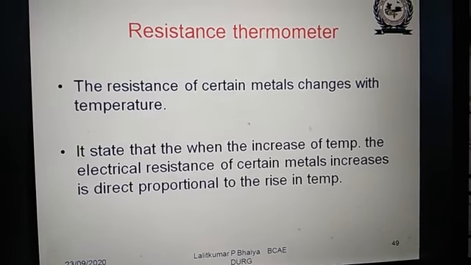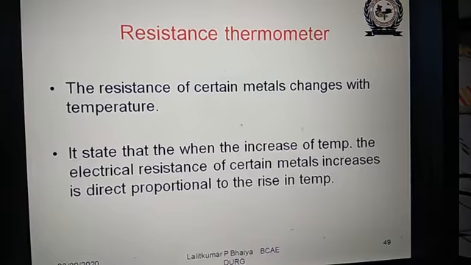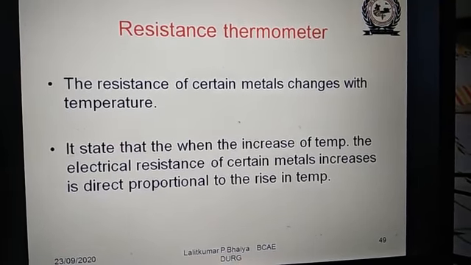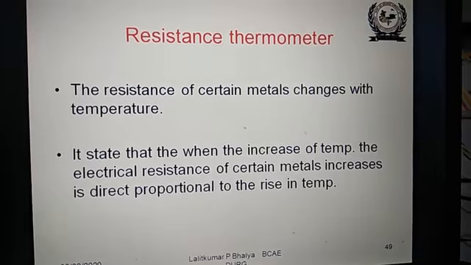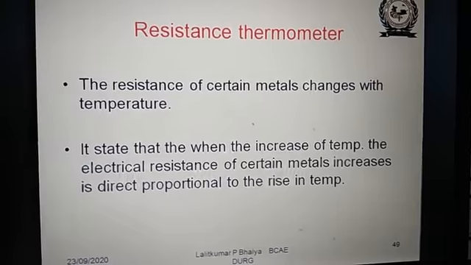So this change in voltage due to change in resistance will be proportional to the change in temperature. So resistance thermometers are one of the important measuring devices for temperature.